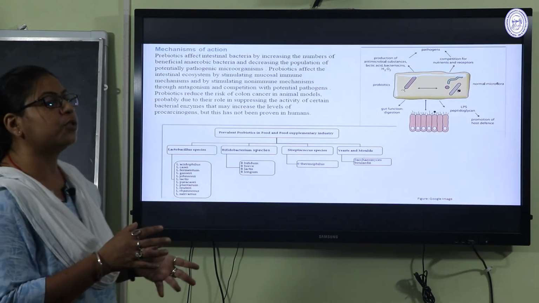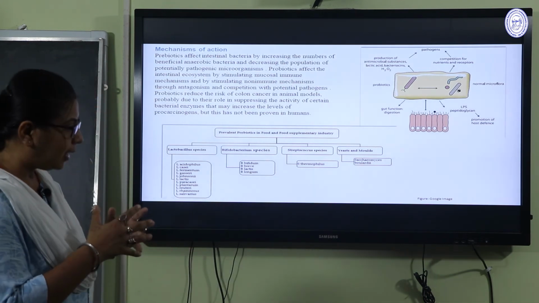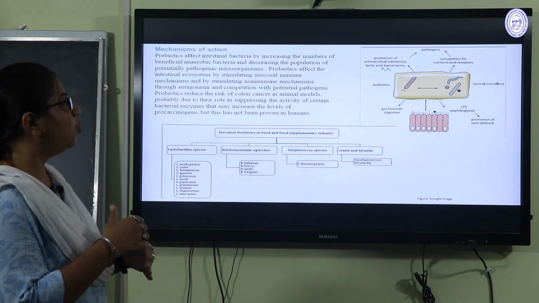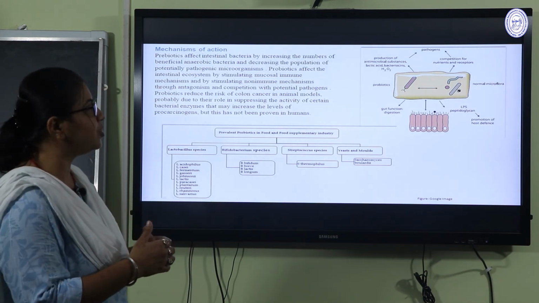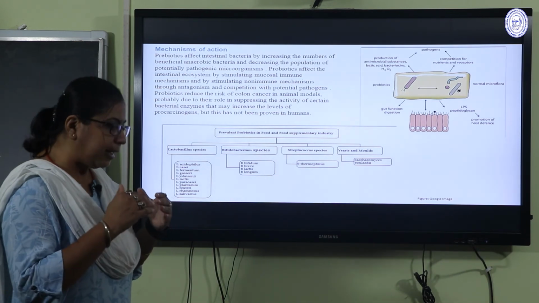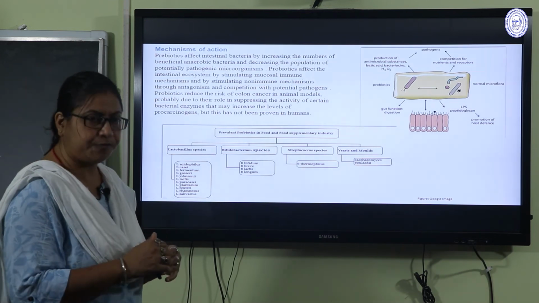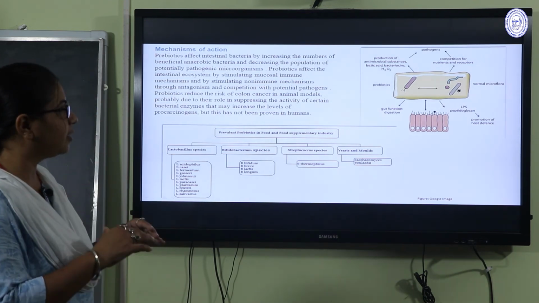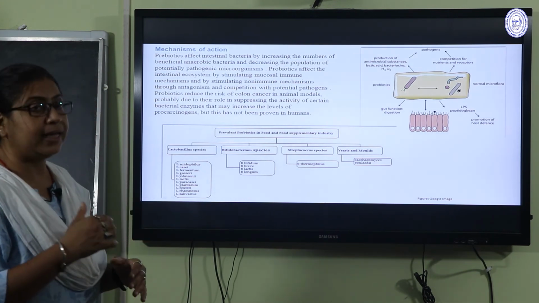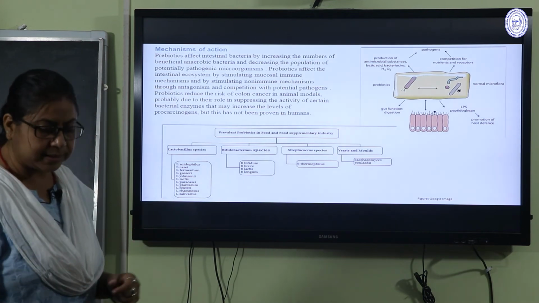In association with the normal microflora, the probiotics produce some components which compete with the pathogens, help in elimination of the pathogens, make a barrier against the pathogens, and give host defense by promoting the gut microflora, aiding gut digestion and improving the health status of the normal gut system.